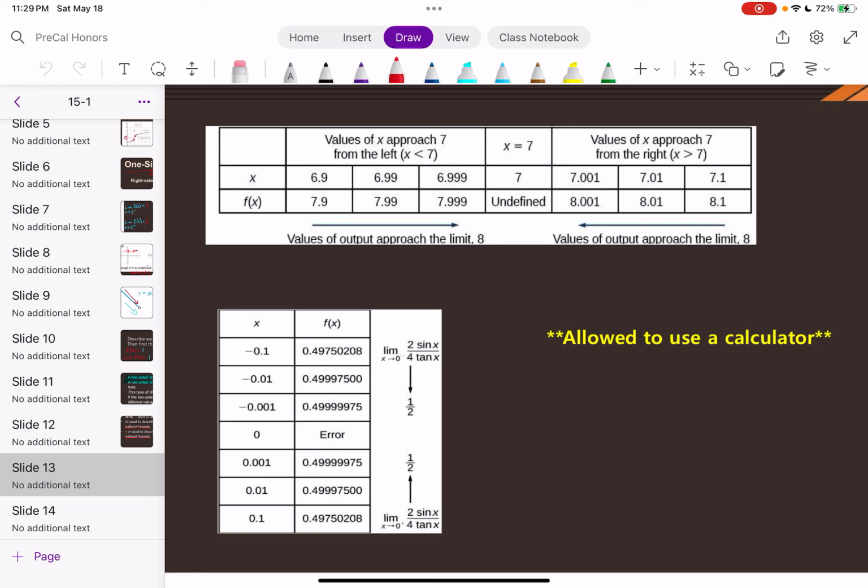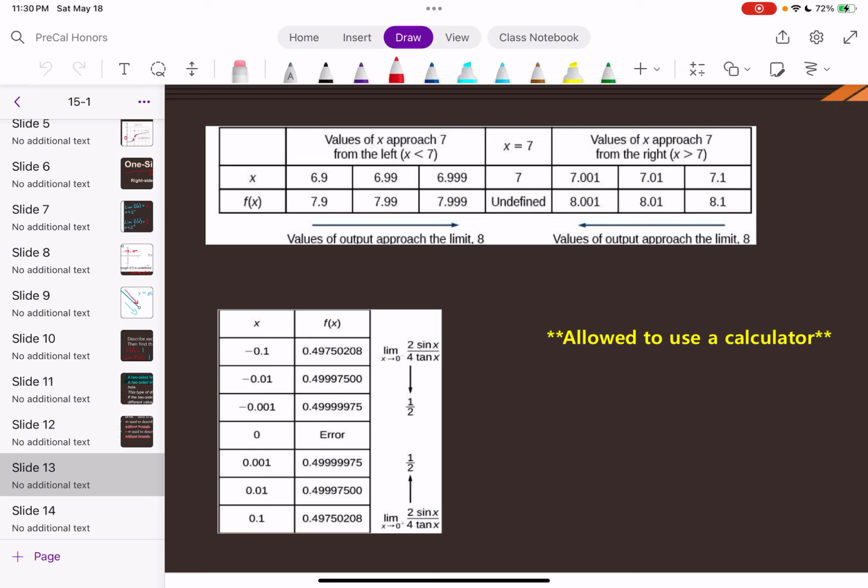So for example, on this top graph, we can see that x has 6.9, 6.99, 6.999. Keep in mind, that is occurring on the right side as well. We are approaching closer and closer to the middle number, which is 7. So it is extremely important that the numbers increase in that order.